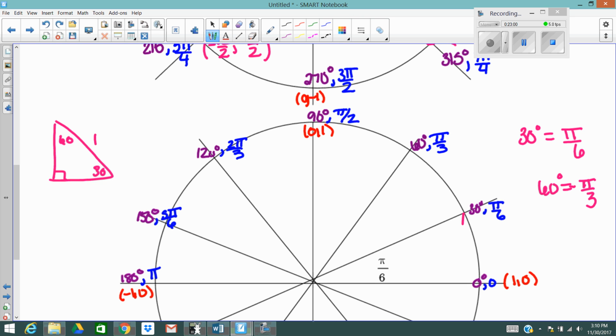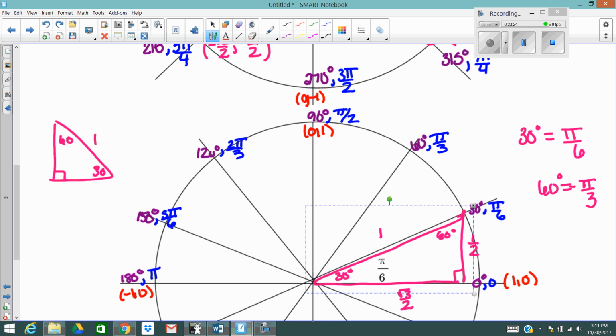All right, so my angle is pi over 6, which means this is my 30, 60, 90 right triangle. So if my hypotenuse is 1, opposite the 30 is 1/2, and opposite the 60 is square root of 3 over 2.